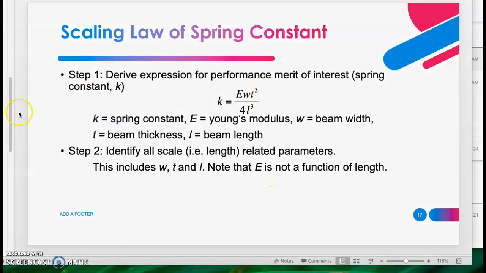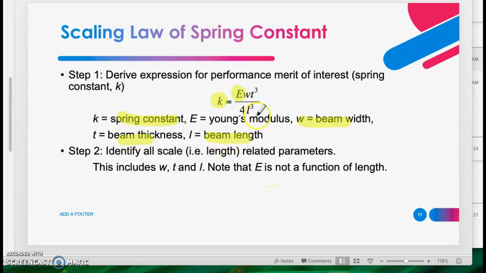Okay, so this is the formula to calculate the spring constant. K is the spring constant, E is the Young modulus. What is Young modulus? Young modulus is the ratio between stress over strain. W is the beam width, T is the thickness, and L is the length.